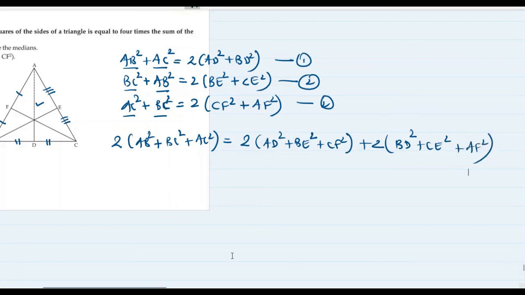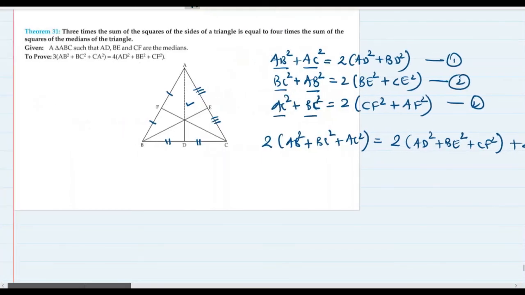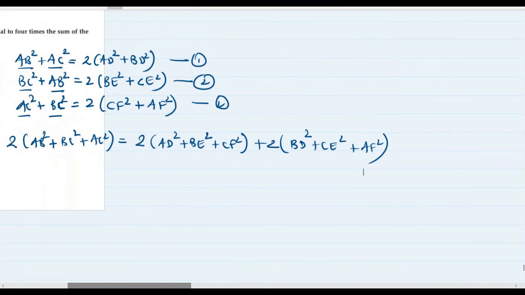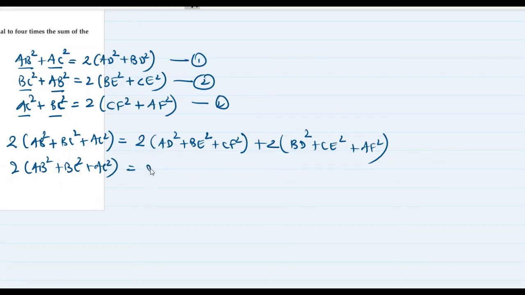Okay, now see, here we have got 2 AB square plus BC square plus AC square, and here we have got 2 bracket AD square plus BE square plus CF square.